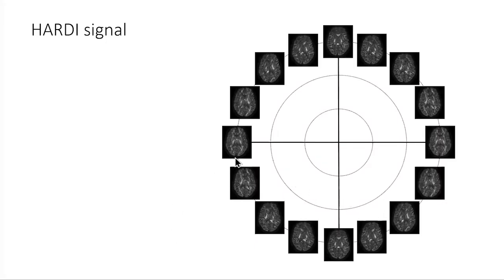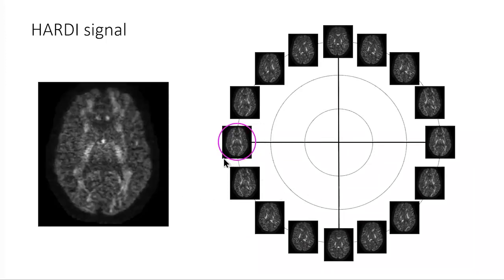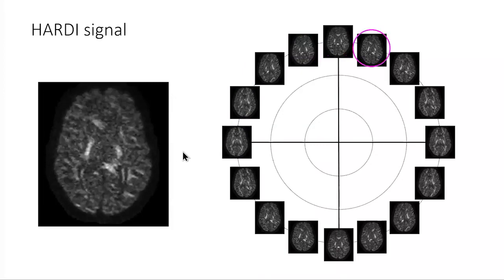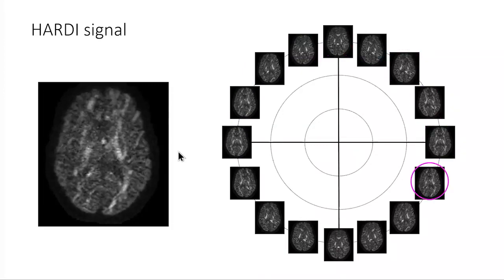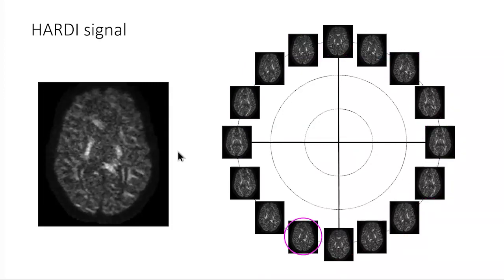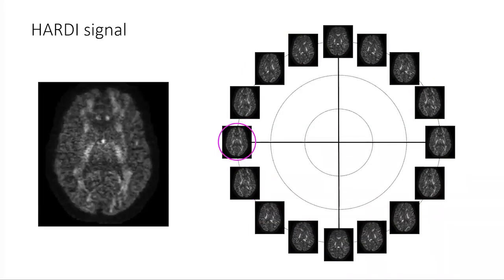So let's explore this HARDI signal in a bit more detail. One thing that we immediately notice is that these images have quite low SNR. That's because of the strong diffusion weighting. But if we move through the different orientations, we do see that there's a very nice angular contrast in them.